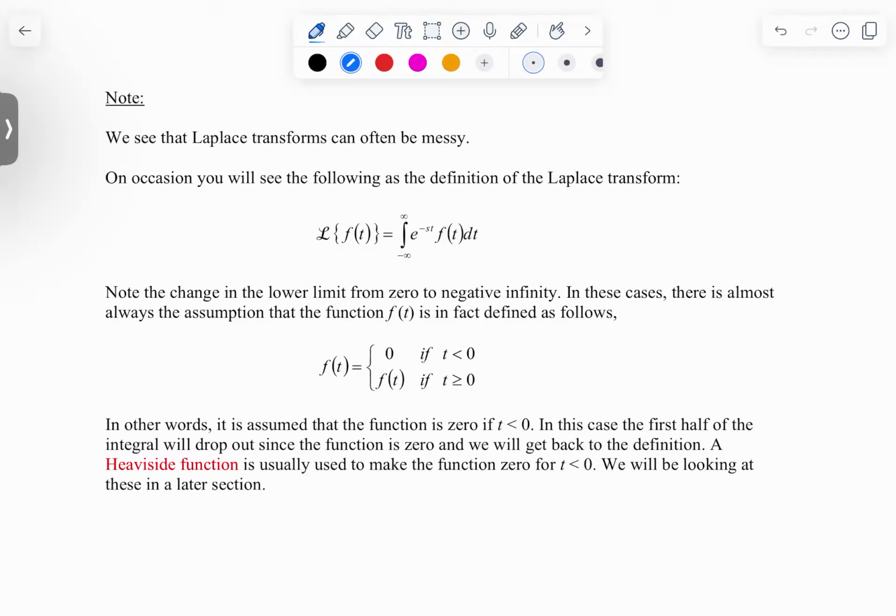So even though you may see this notation, and we're going to get into more of this at the end of chapter 5, the function is restricted to particular domains, which means 0 to infinity is equivalent to negative infinity to infinity as far as Laplace transforms go.